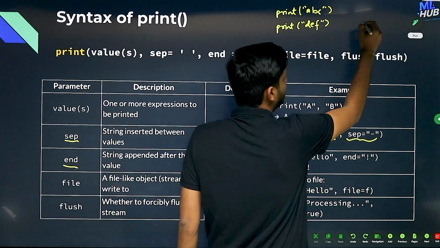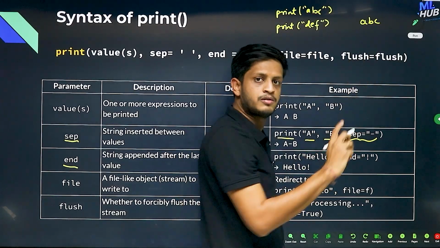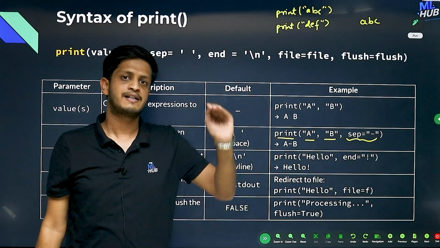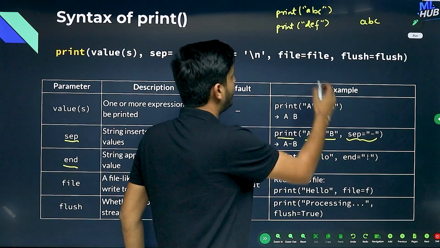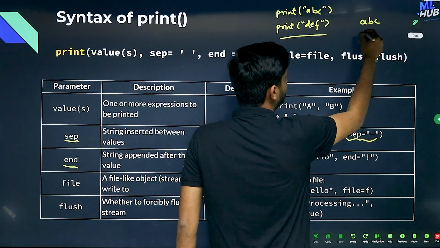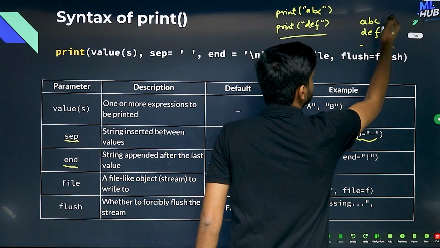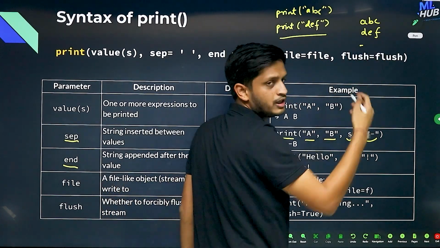Firstly, the program will print ABC, and by default, it will go to the next line also. When one print statement executes, the cursor moves to the next line by default at the end. So it will move to the next line, and now this will be executed. So DEF will be printed in a new line. And again, the cursor will go to the next line. So if you have more print statements in the program, they will go by default in new lines.